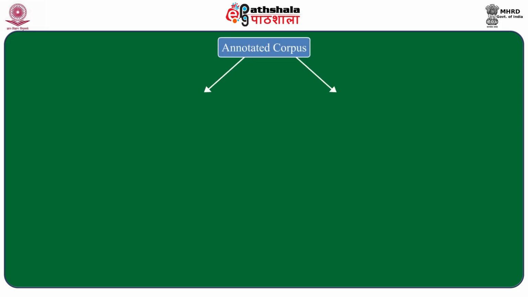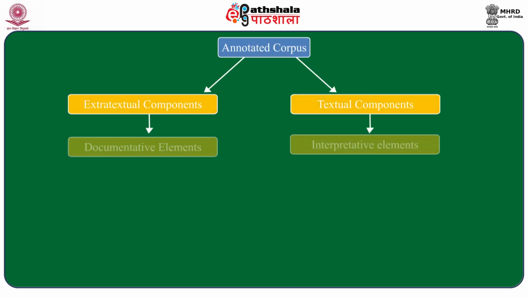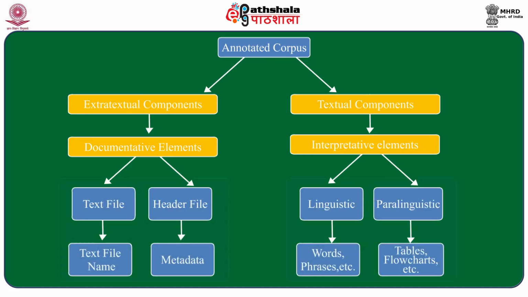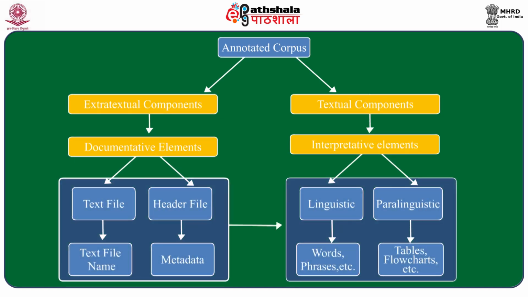If we look at the corpus, we find two types of information. One is extratextual components. The other is textual components. Now let us understand the textual components. If you look at a corpus text, we find there are a lot of interpretative elements, which are linguistic or paralinguistic elements.